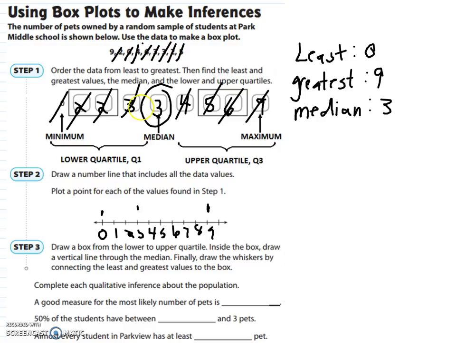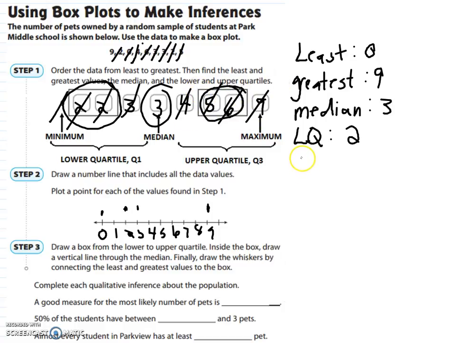The lower quartile. So if you cover up and look to the left, the lower quartile, you have 0 and 3. The 2 in the middle are 2. So the lower quartile is 2. Make a dot. All right, the upper quartile, cross off 4, cross off 9.